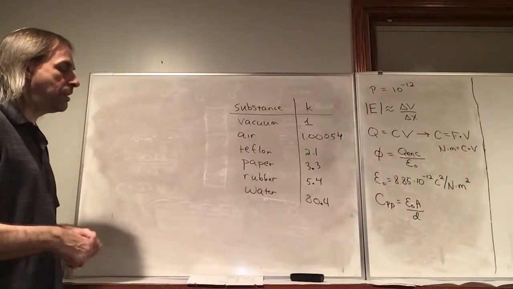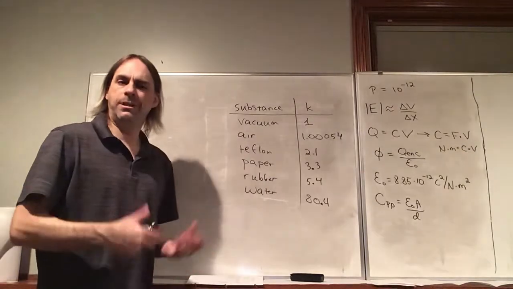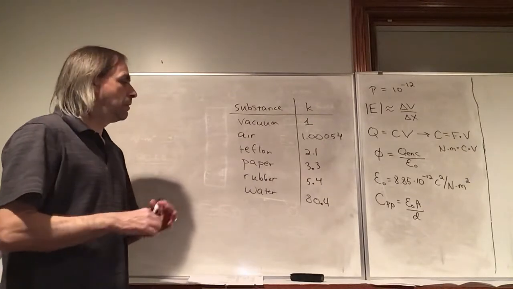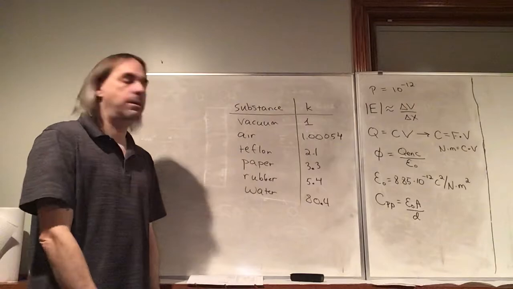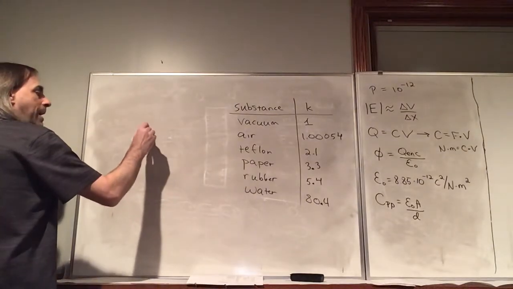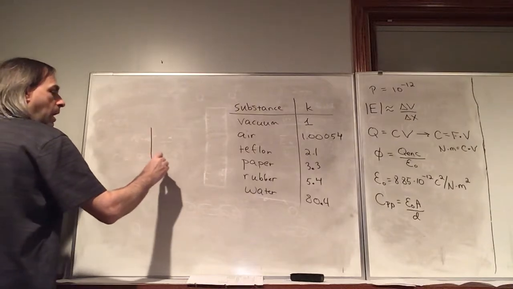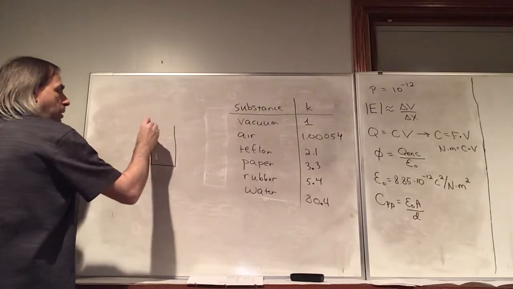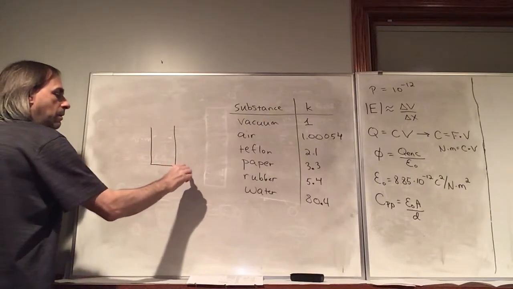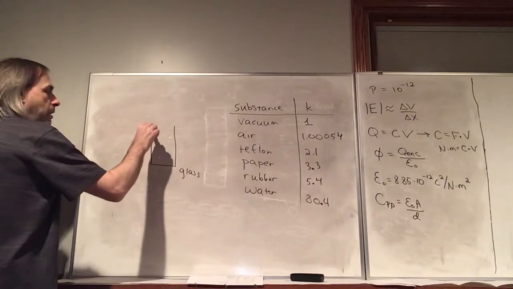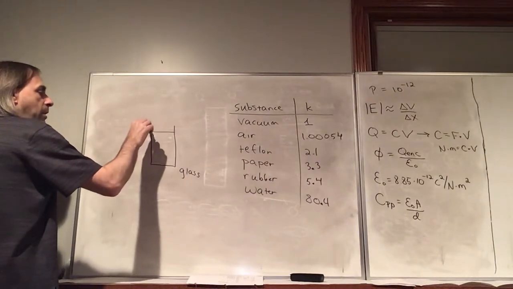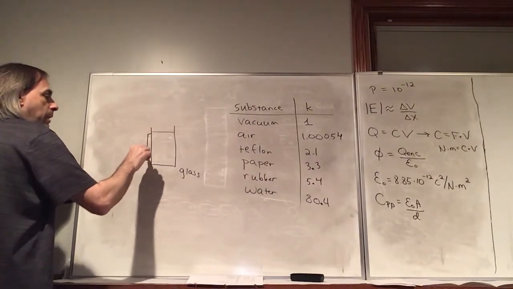Now I mentioned that you can actually build a capacitor using water. It seems kind of strange because electrical components don't mix well with water. But actually one of the earliest capacitors, I think, did use water, or at least it could have. Say you have a glass container and you fill it with water, and the outside of the glass you have, say, metal.